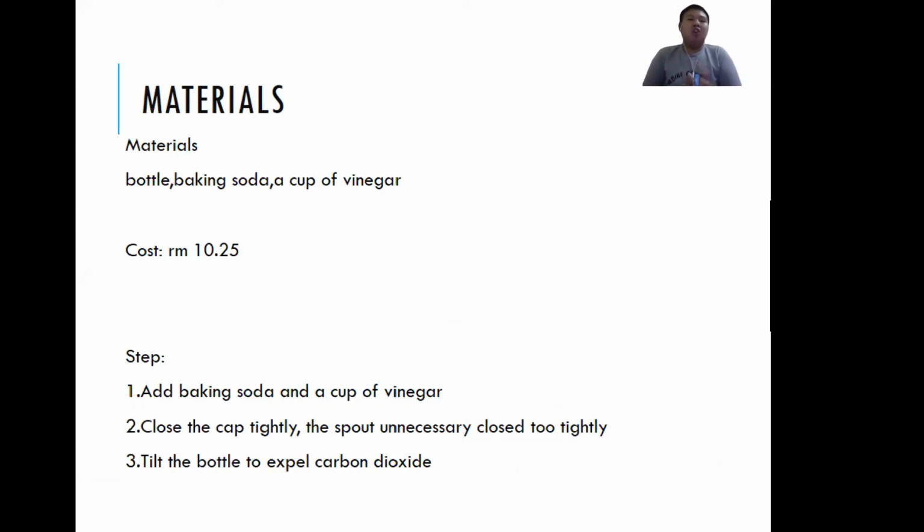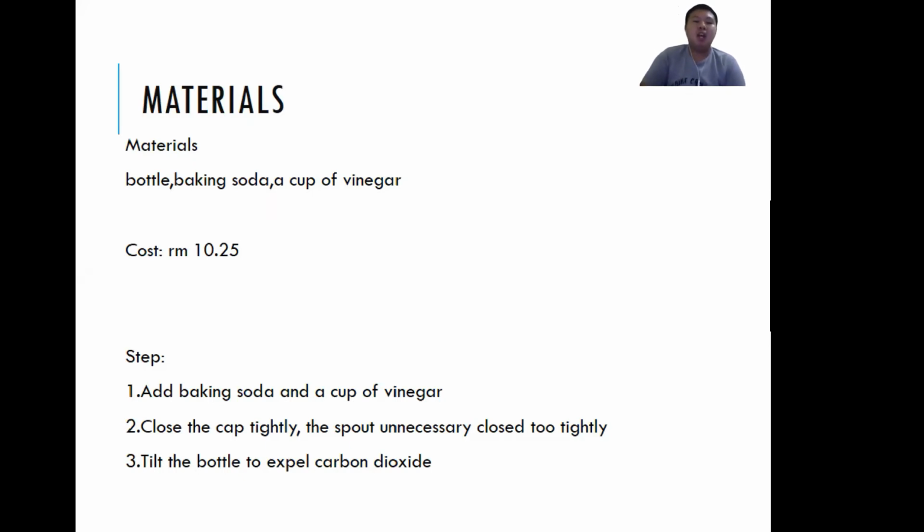The materials that I used include bottles, baking soda, and a cup of vinegar. The total price that I spent on this experiment is about 10 ringgit and 25 cents. Okay, now I will share the steps to make the easier extinguisher.